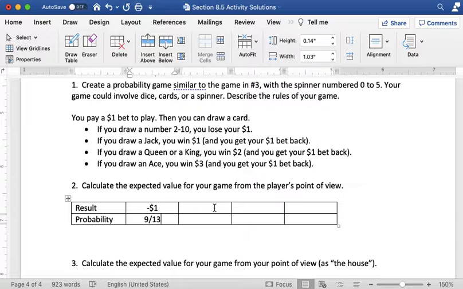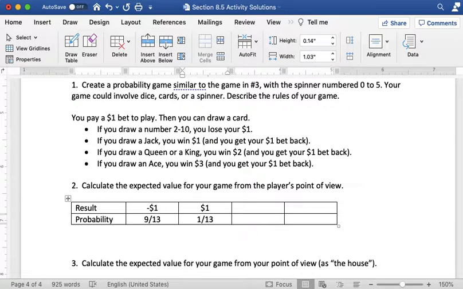The second possible result is if you draw a jack. There's a 1/13 probability that you draw a jack, and that result is going to be a positive $1 for you as the player. You paid $1 to play, and you are getting that dollar that you paid back, so that washes out, plus you win $1 on top of that.